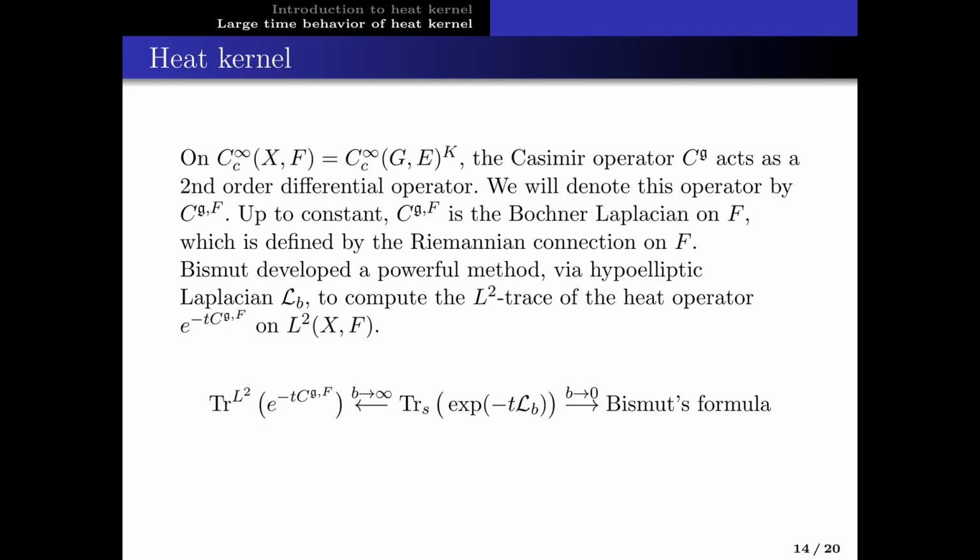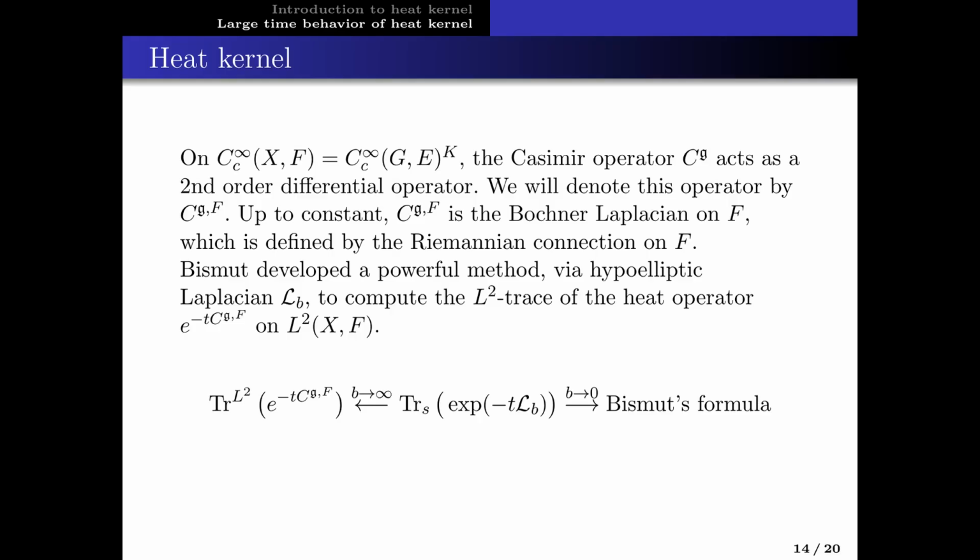Just a remark. If we are looking at the general vector bundle, that's why this computation is interesting and difficult, because in general this trace is a function of t. It does change with respect to t. So Bismut's formula gave us the formula for all t. This is different from the Euler index theory, where we consider the supertrace.